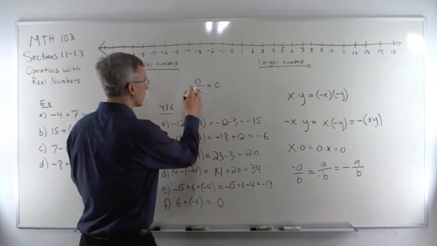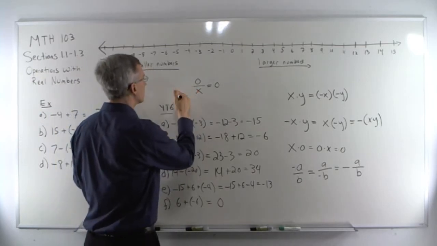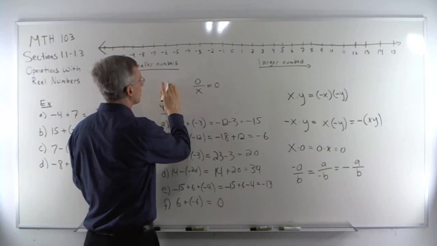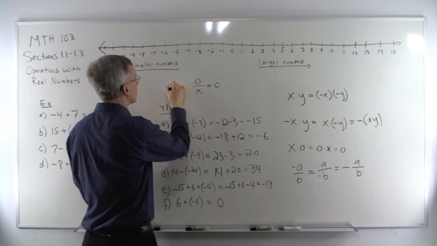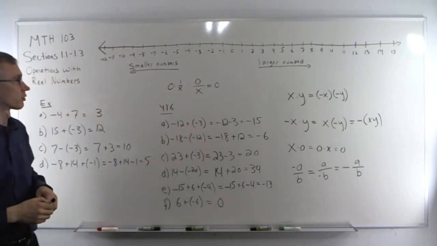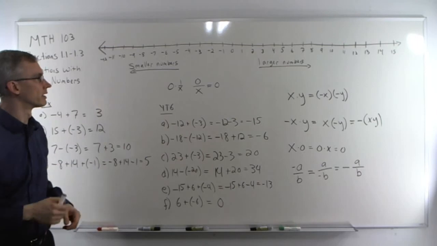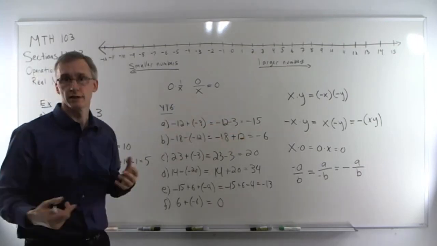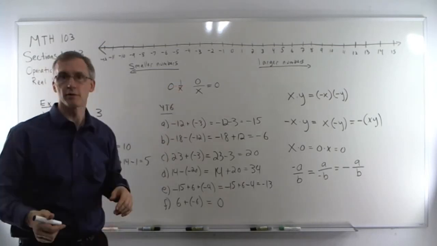So another way of writing this would be, you can think of it as being like that. Another equivalent form, we're going to get 0 this way. So this is just the same rule we're dealing with in multiplication. It tells us that 0 divided by any number is also 0.